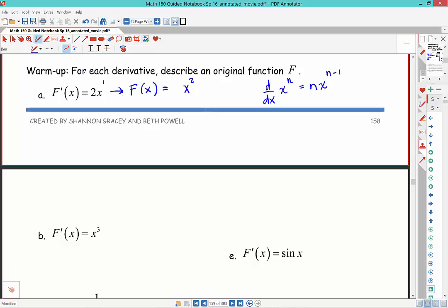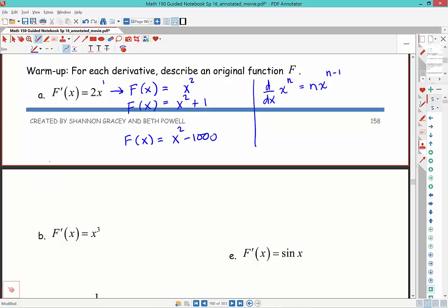Now, is that the only answer? No, right? Because you could get capital F of x is equal to x squared plus 1. Or how about capital F of x is equal to x squared minus 1,000, because when you differentiate a constant, it zeroes out.